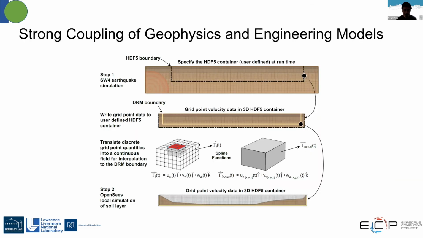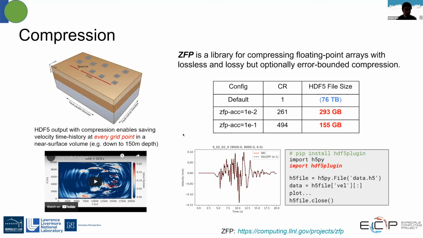Next is the strong coupling. Strong coupling is using a 3D subvolume of the time history, consisting of a large number of grid points, and then putting a building into that subdomain and seeing what happens. Previously, we were only able to output a select subdomain.